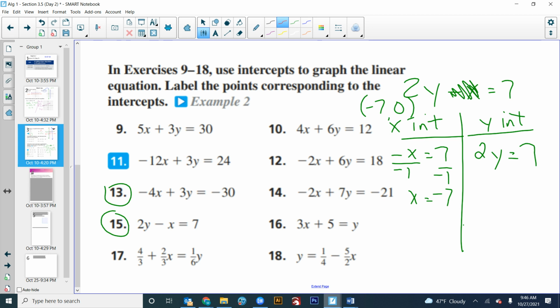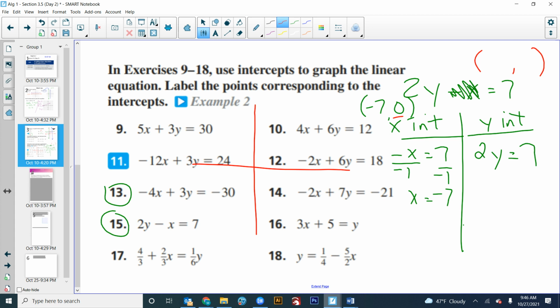For the intercepts, every time. That doesn't change. Think about something, Mary. If I am on the X-intercept, here's my graph, right? Anywhere on my X-axis, the Y has to be 0, or it wouldn't be on the X-axis. It'll always be that.